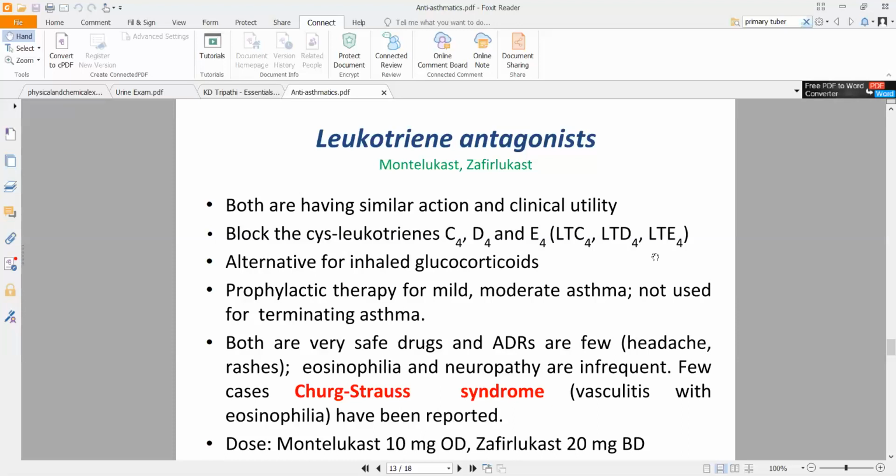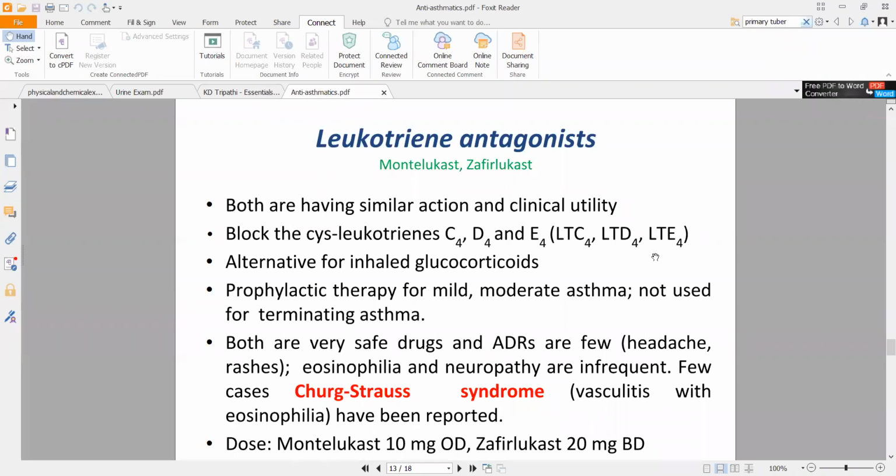Now, these are generally safe drugs, but there are a few side effects because they are direct anti-inflammatory drugs, or they directly act on your immune system. You will have immune system related side effects, in the sense that you will have eosinophilia, or you will have neuropathy, if they occur sometimes, but they will occur, right? And also, some patients will have Churg-Strauss syndrome.